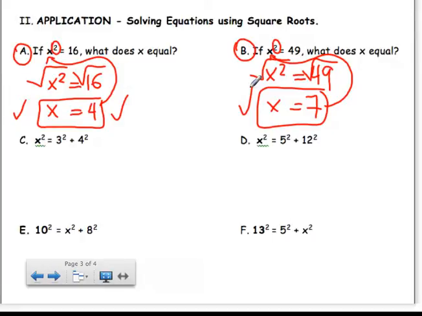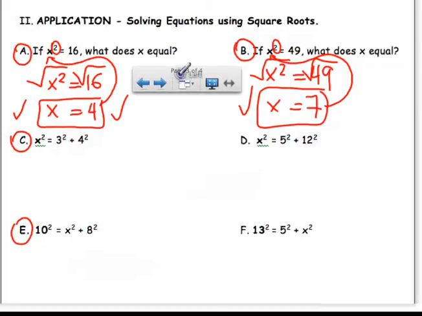Now, I'm going to complete C and E, and then I'm going to ask you to complete D and F as guided practice. To solve these more complicated equations, I do see x squared just like I saw before, but I also see an expression that I can simplify. I see 3 squared plus 4 squared. So the first step here is going to be to simplify what I know. 3 squared means 3 times 3, that's 9. 4 squared means 4 times 4, that's 16, equals x squared.